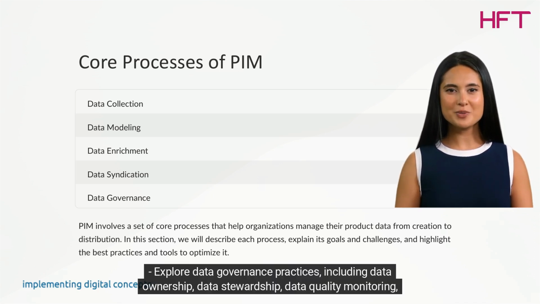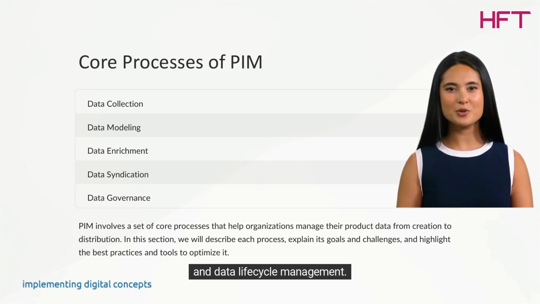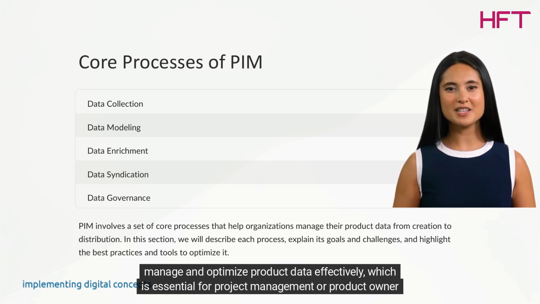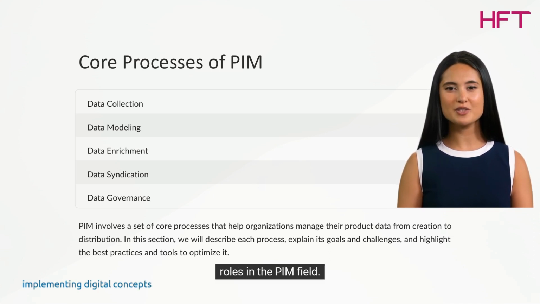Explore data governance practices, including data ownership, data stewardship, data quality monitoring, and data lifecycle management. Having a solid grasp of these core PIM processes and integration concepts will increase your ability to manage and optimize product data effectively, which is essential for project management or product owner roles in the PIM field.